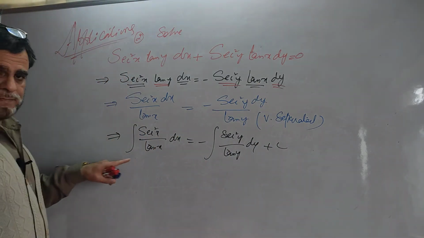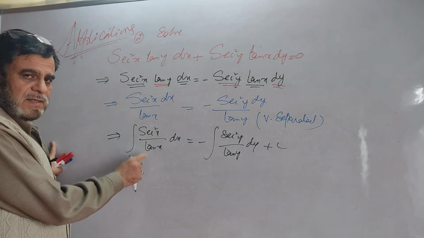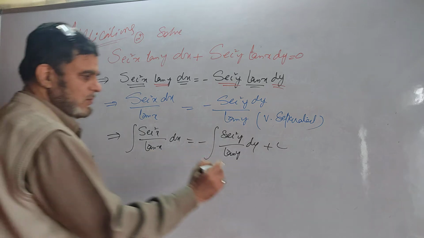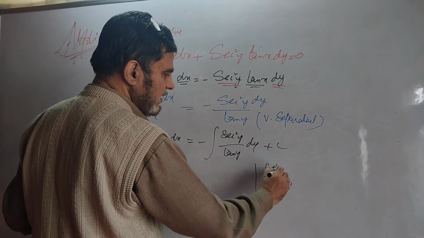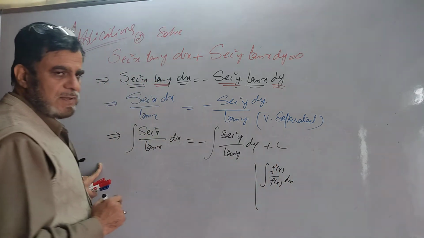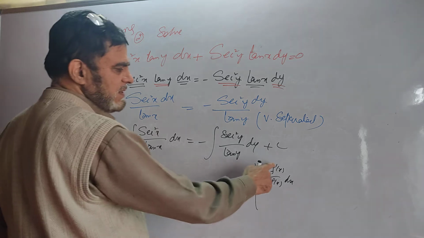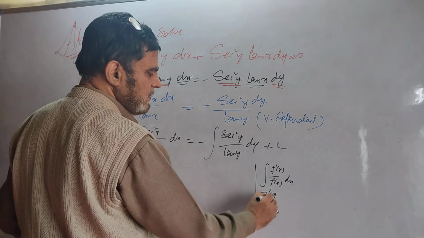Now what is this? This is the f dash x by f x form. The derivative of tan x is sec square. You know, if you have an integral like this, integral of f dash x by f x dx, that is when the numerator is the derivative of the denominator. Derivative of this is this. So it is log of the denominator. It is log of f x.